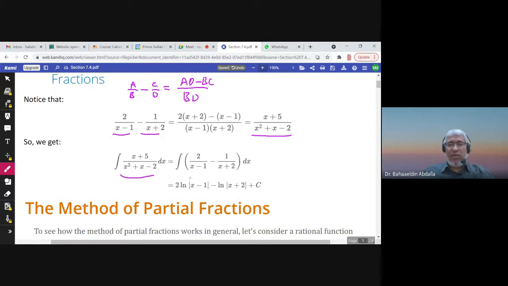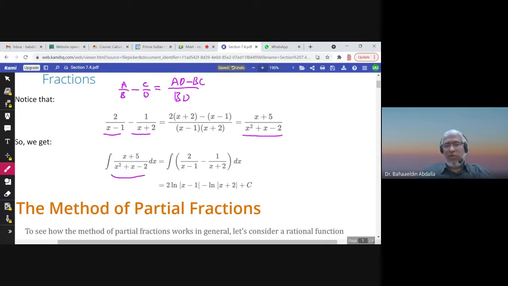And then the integral of 2 over x minus 1 is easy. It is 2 times ln absolute value of x minus 1. And also this one, negative ln absolute value of x plus 2. Notice that integral of 1 over x dx is ln absolute value of x plus c.